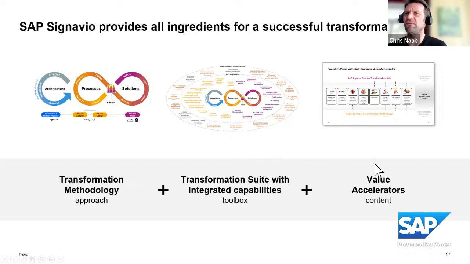And it's also about value accelerators. Yes, you have a choice. You can start with a blank piece of paper. You can start from scratch and start designing your processes. You can start designing your architecture from scratch. But a way that's slightly more clever, maybe, is to lean towards the expertise that SAP has collected over the past 50 years, which we now bring together as part of the SAP Signavio value accelerators, where we have best practice processes, where we have industry reference architectures that are really specific for industry.